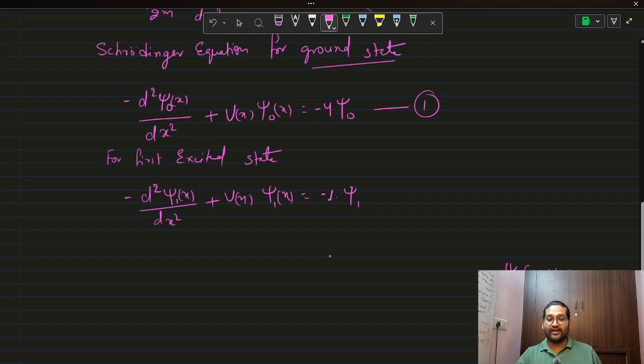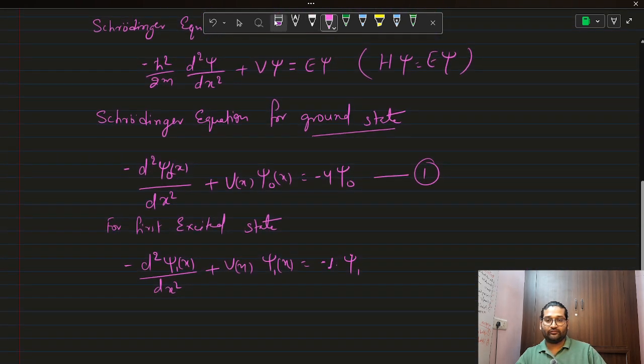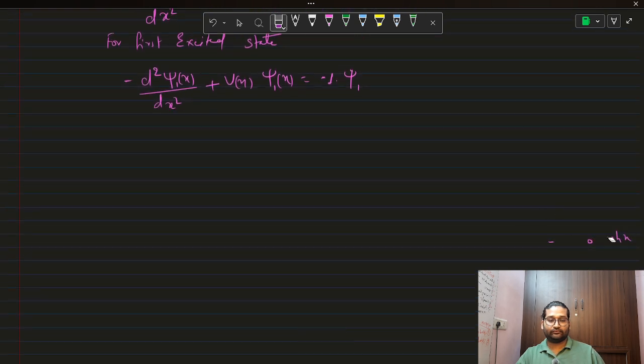Now we have the relation psi 1 x is equal to psi naught x sine hyperbolic x. So now we will try to find d2 psi 1 upon dx square.